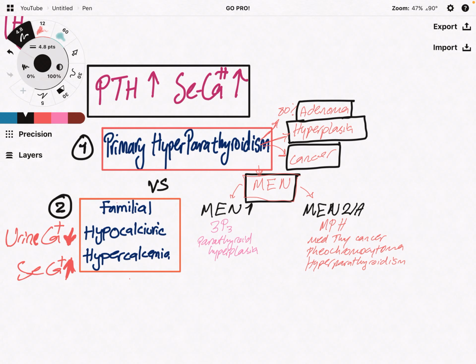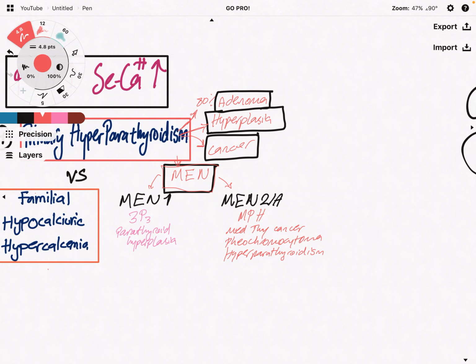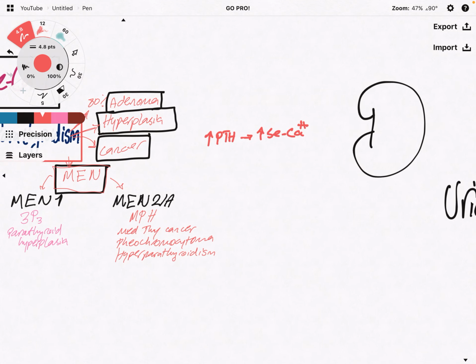Now, the thing is, in primary hyperparathyroidism, due to the very high parathyroid hormone leading to the very high serum calcium, what happens next in these patients is that the kidney starts excreting the excess calcium.